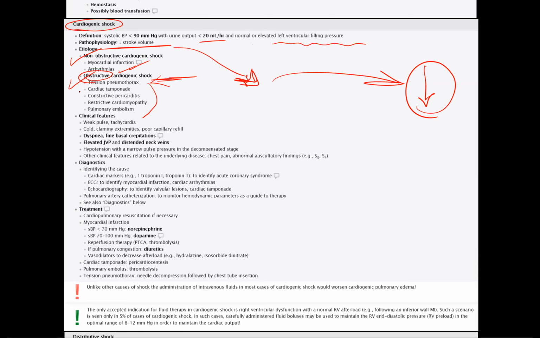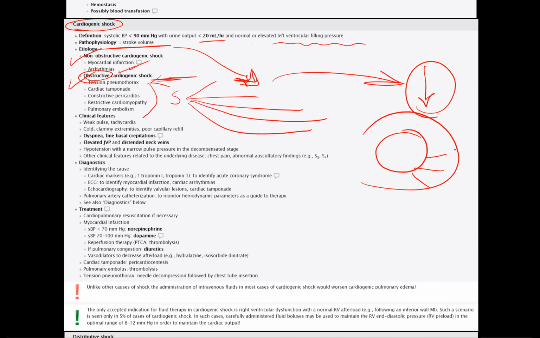The same known popular 5 reasons: tension pneumothorax, cardiac tamponade, constrictive pericarditis, restrictive cardiomyopathy, and pulmonary embolism. Here, the heart is blocked. The heart is prevented from pumping because it is obstructed. This is simply it.